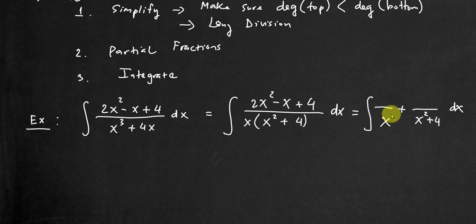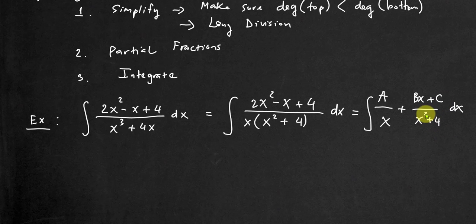Because x here is x to the first power, which is linear, on the top we should have a constant, and let that be A. This factor here is x squared plus 4. This is a quadratic, or second degree polynomial, therefore the one on the top should be a linear expression, one degree less than the bottom, of the form Bx plus C.